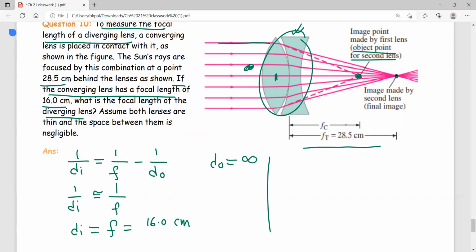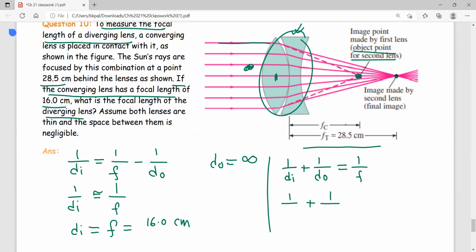For the second lens, let me write down the equation: 1 over di plus 1 over do equals 1 over f. Here we are going to calculate f. What are we given? Let me talk about di later. First, let me talk about do.